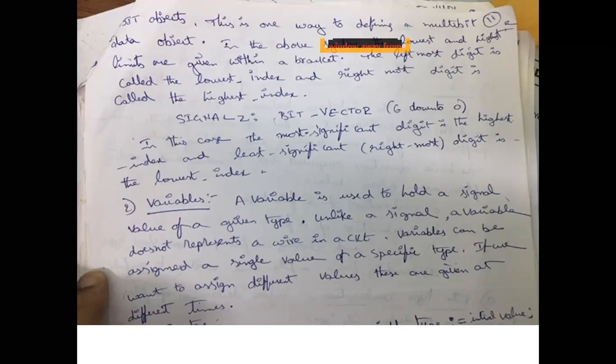If we want to assign different values, we assign the variable at different times. Only with one declaration, we can give one value to one variable. If we want to assign different values, then we can declare at different times.